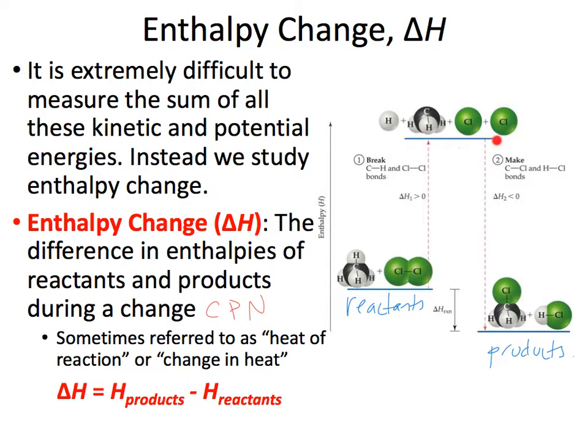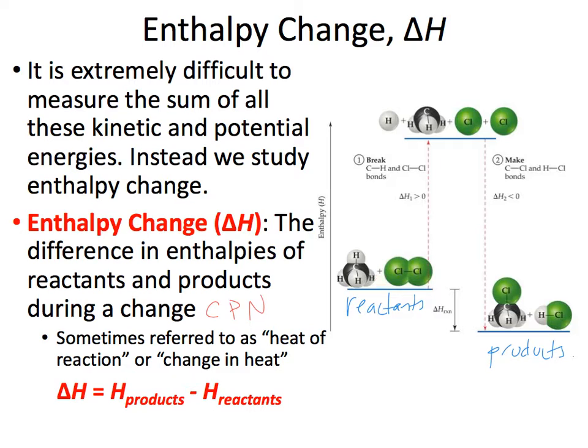Then we separate our atoms over here. At this point, this reaction can go one of two ways. It can revert back to the original reactants, or it can go on and produce some kind of new products. So when it produces products, it forms new bonds. In this case, you can see that the chlorine here bonds onto the carbon here, and this hydrogen bonds onto the chlorine here to produce two new products, hence the chemical reaction.